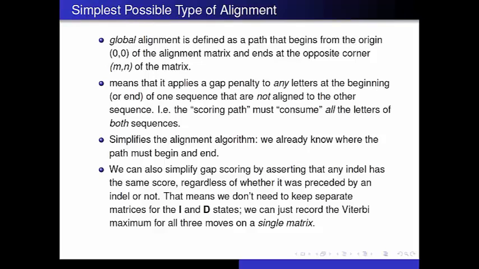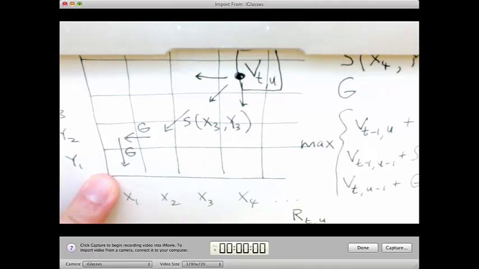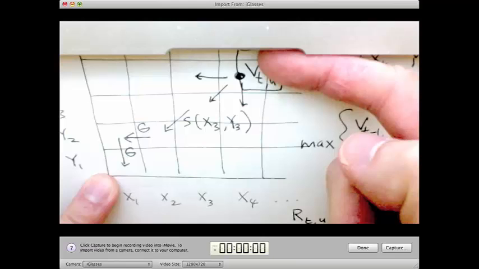Another way of stating that condition in matrix terms, which hopefully will make it visual for you, is that we only allow paths that go all the way from one corner to the opposite corner. Okay? That's kind of equivalent.